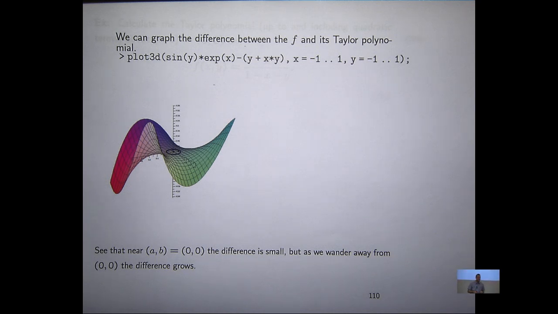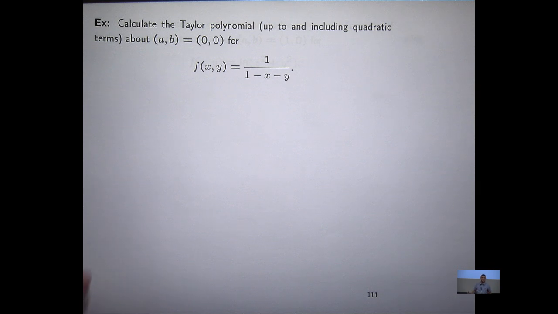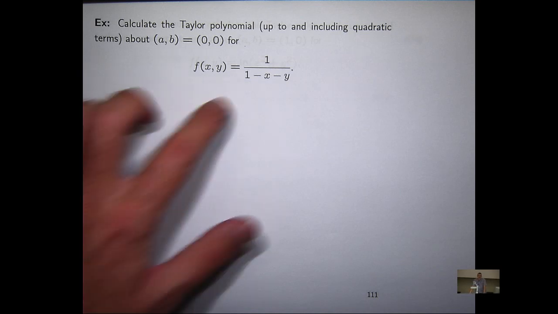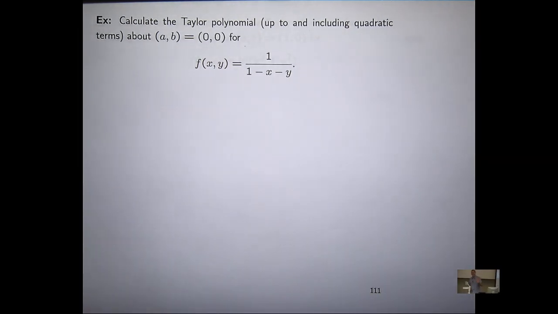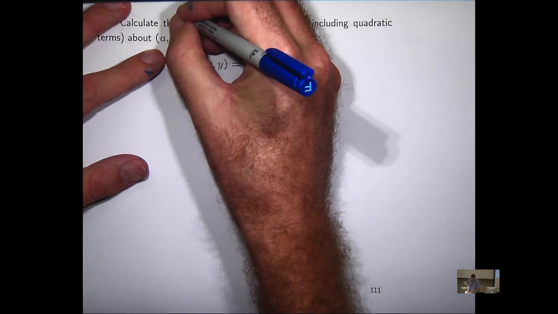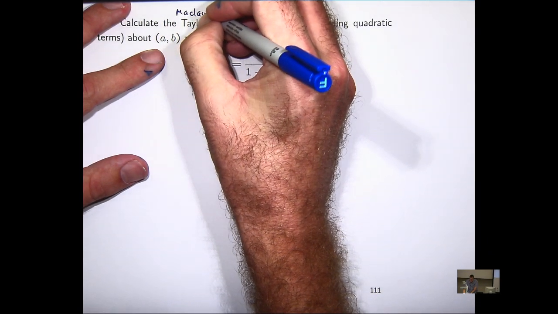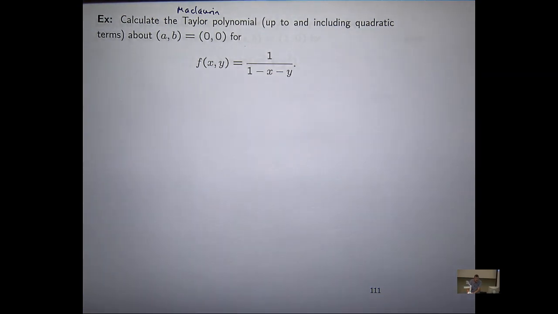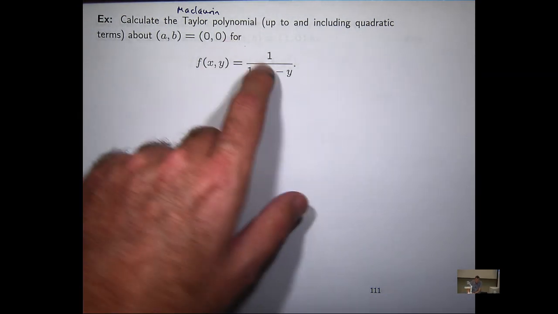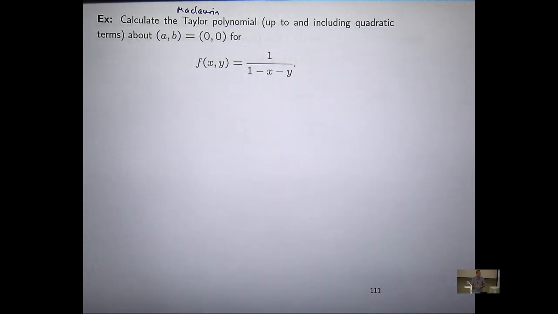Okay, let's do another one. Here we have a function of two variables. Calculate, I guess again it's a Maclaurin polynomial. So we want t sub 2 here about the origin for this particular function.